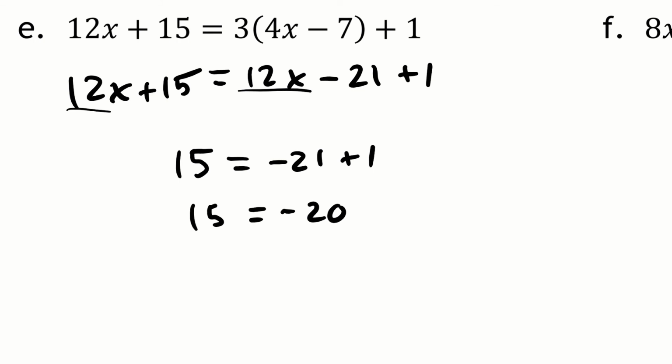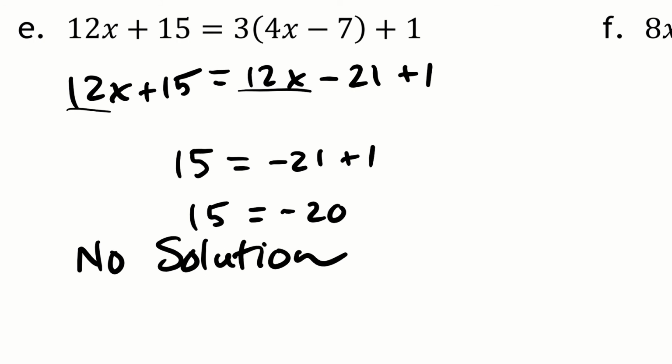Well, there's no magic that's going to make this true. 15 is not the same thing as negative 20. And there's no variable left in this expression, so I can't find a value of x that would make this true because it's gone. So in this situation, when we get a contradiction, something that we know is not true, we would say no solution.